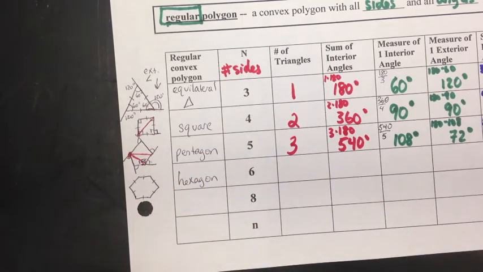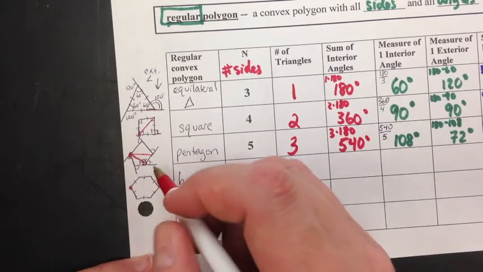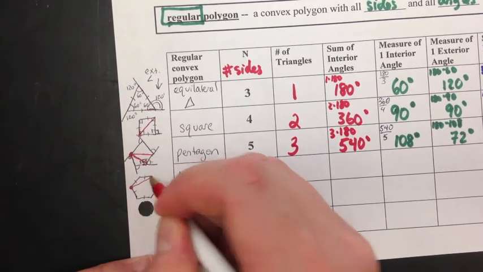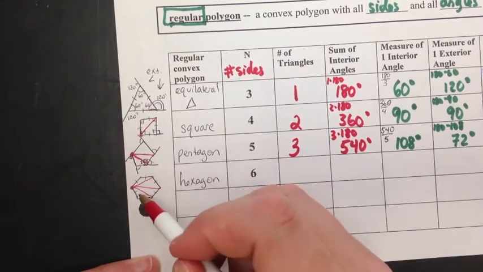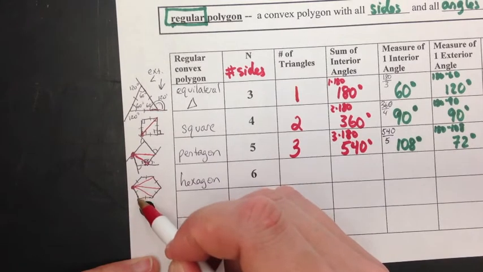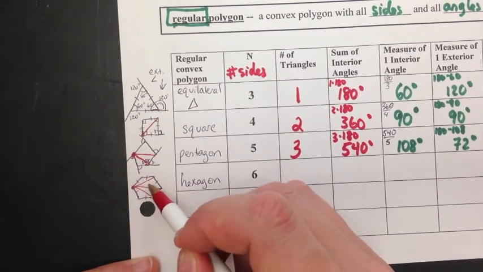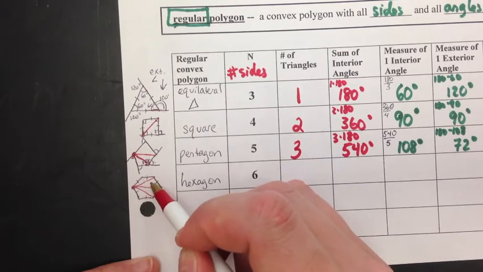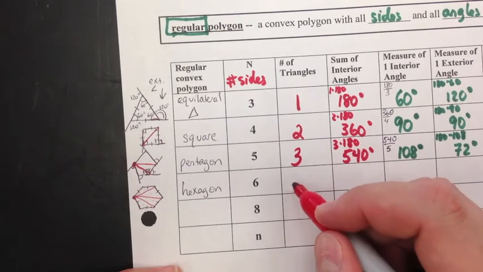If I divide that, I'll pick one point and then draw diagonals. 1, 2, 3. Now I can't draw any more diagonals from there because those are just sides. 3 diagonals, but how many triangles does that create? 1, 2, 3, 4. So the number of triangles is 4.